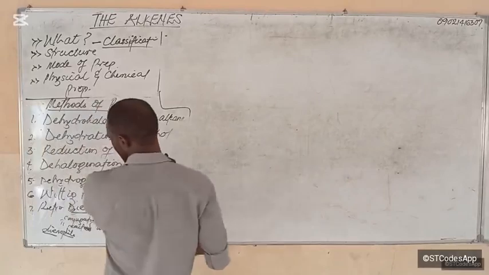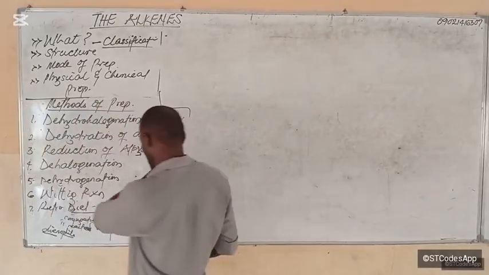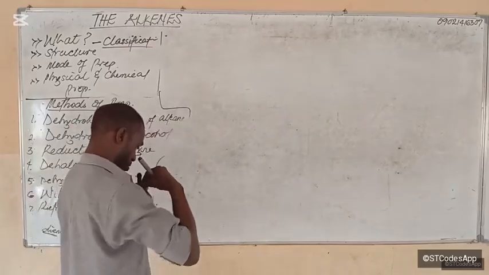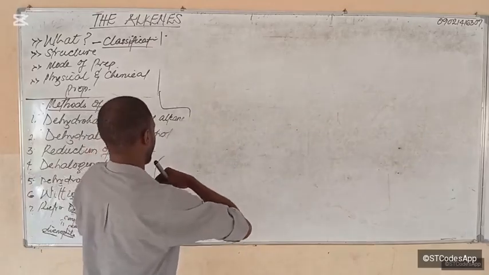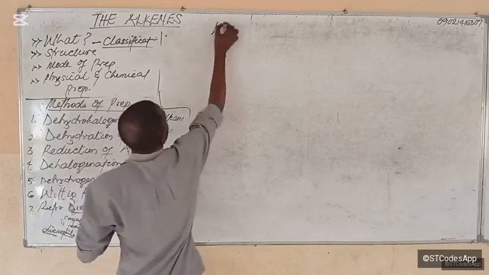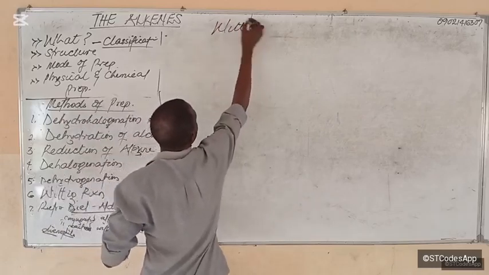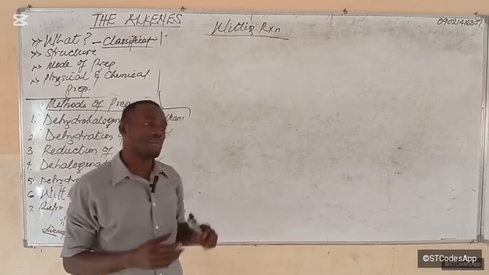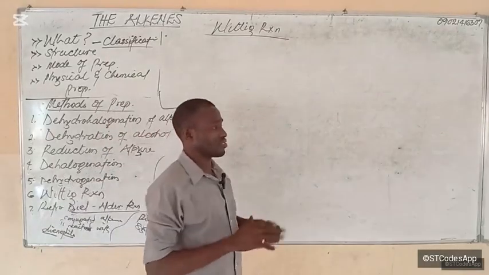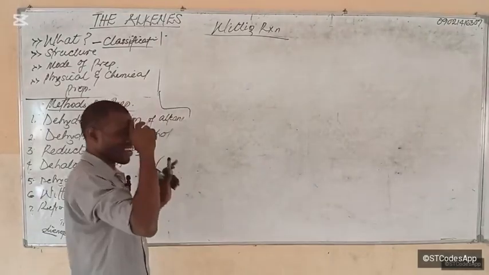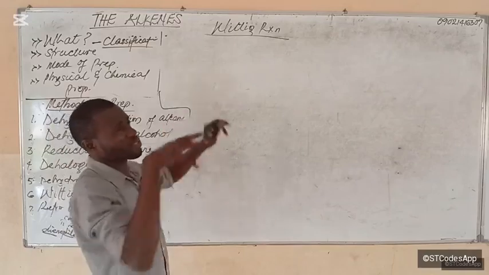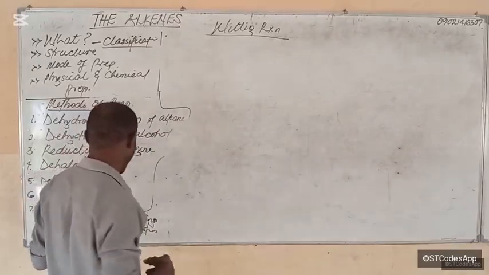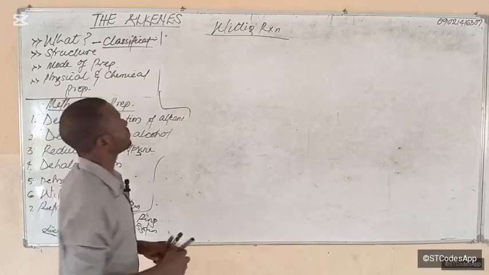Now let's talk about the Wittig reaction. The Wittig reaction takes place in the presence of, what do they call that thing, triphenylphosphine, sorry, I said trimethyl.